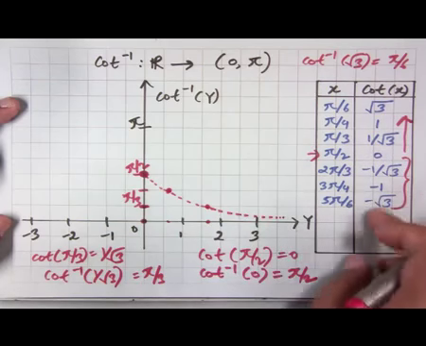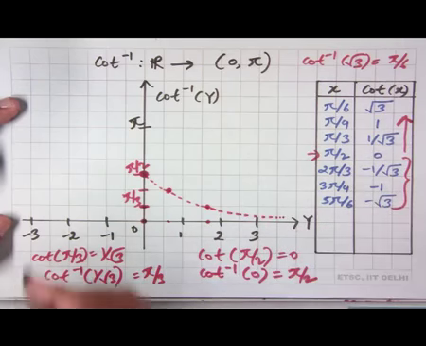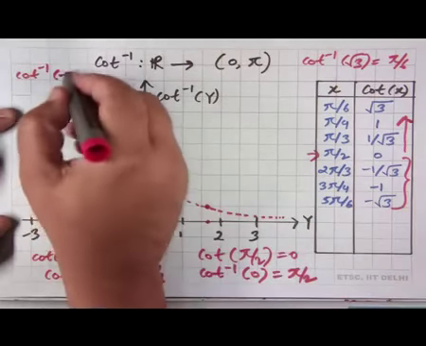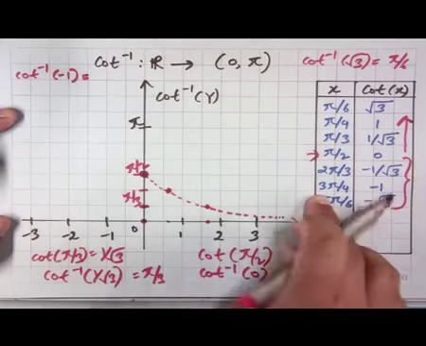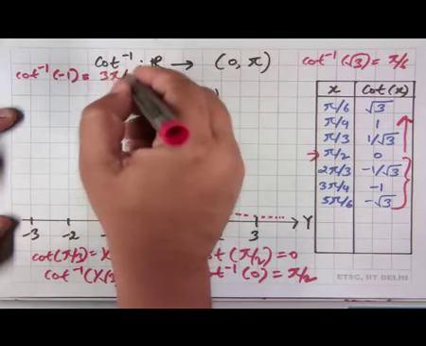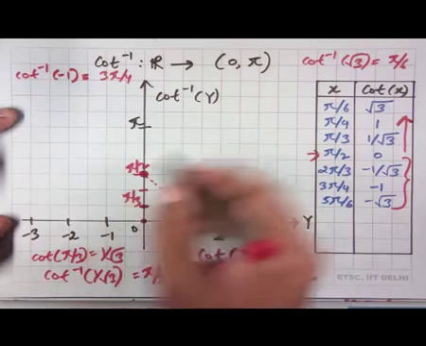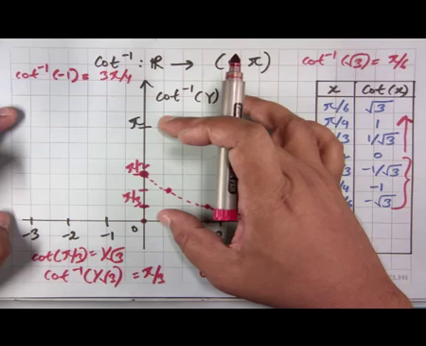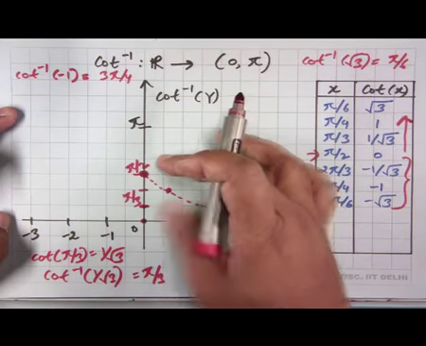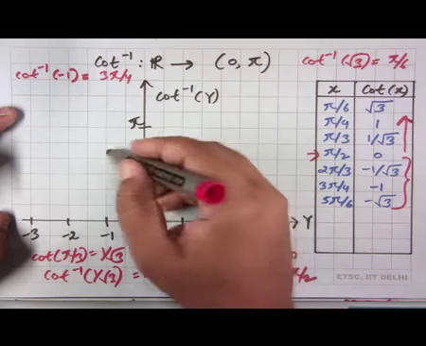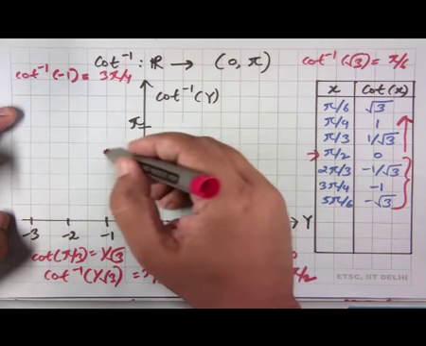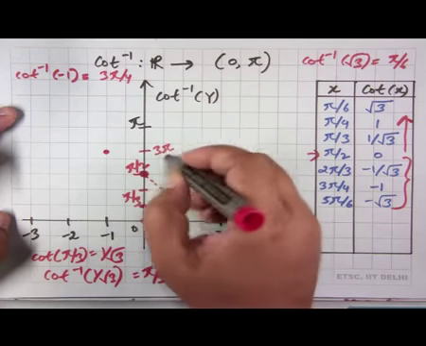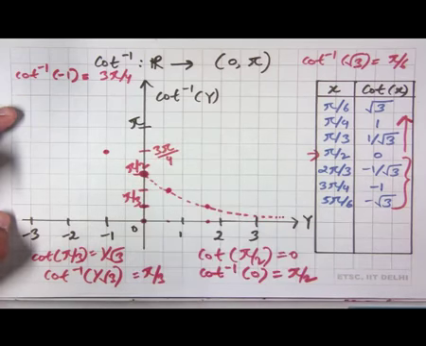For example, cot inverse of minus 1 will be equal to 3 pi over 4. So, minus 1 is over here, and 3 pi over 4 will be, so this is 6 units, so 3 pi over 4 will be 4.5 units, right. It will be somewhere over here. So, this is y equal to minus 1, and this value here is 3 pi over 4.